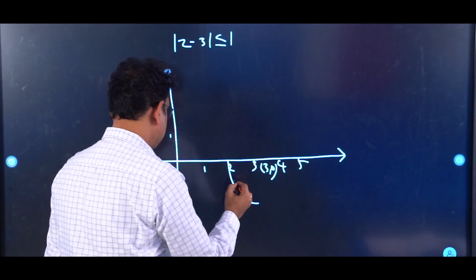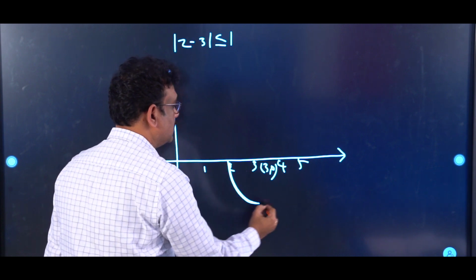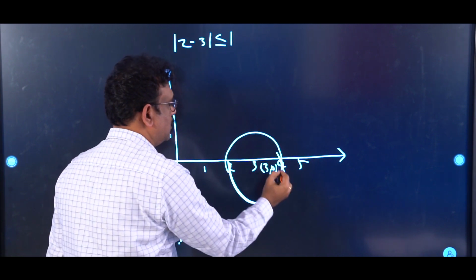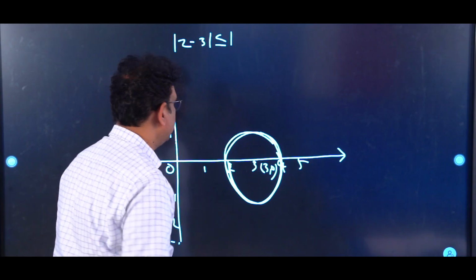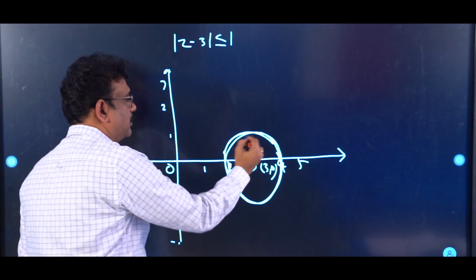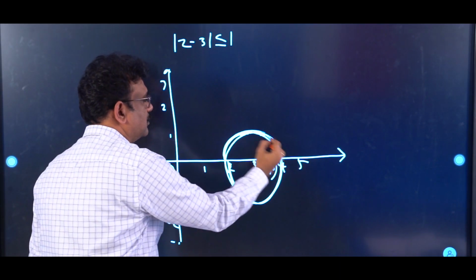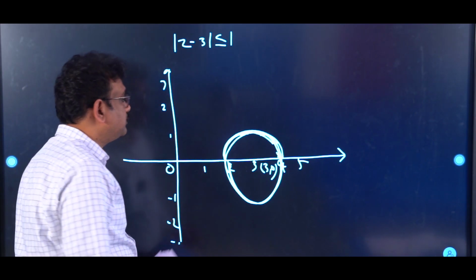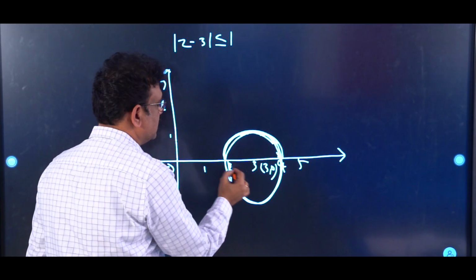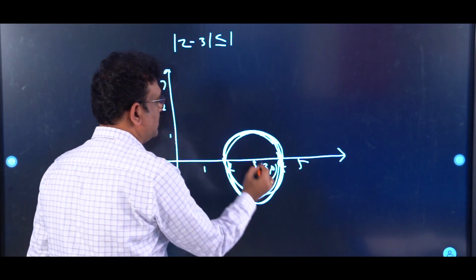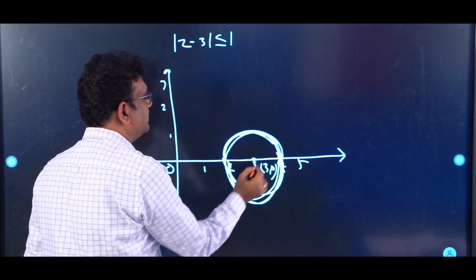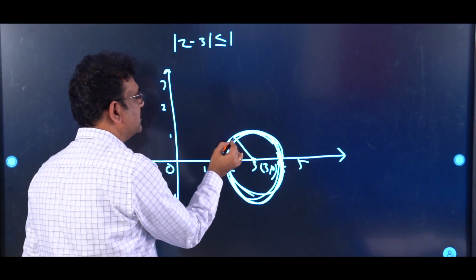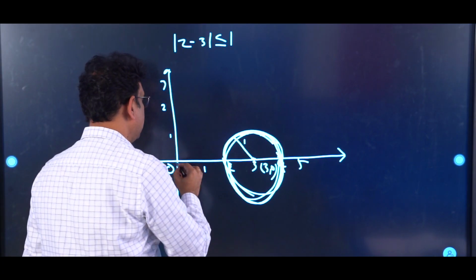So the circle is like this. Now this is the center, and this is the radius, 1 unit.